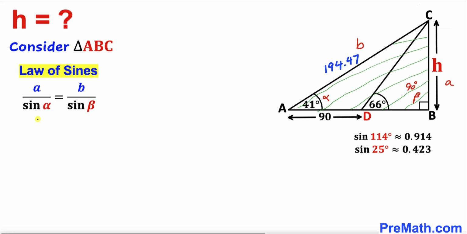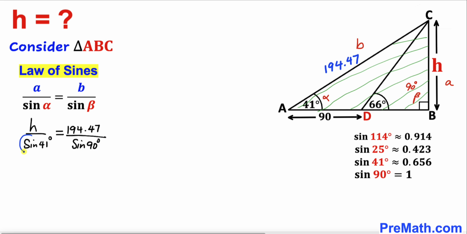So A in our case is H divided by sine of 41 degrees equal to B, which is 194.47 divided by sine of 90 degrees. Now we know that sine of 41 degrees is approximately equal to 0.656 and sine of 90 degrees is 1.